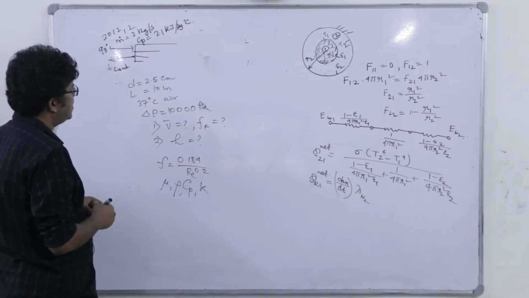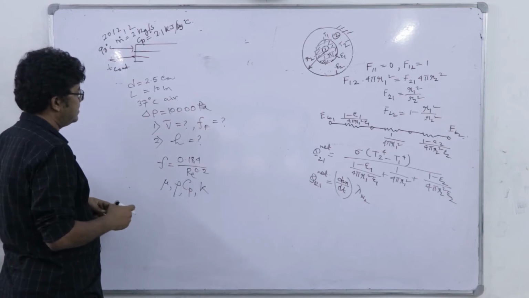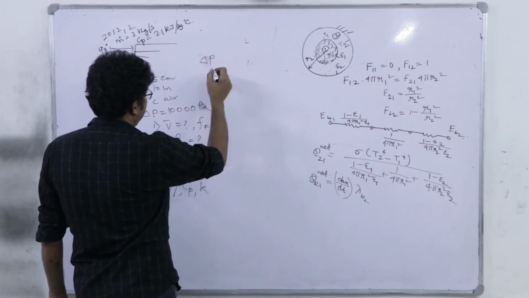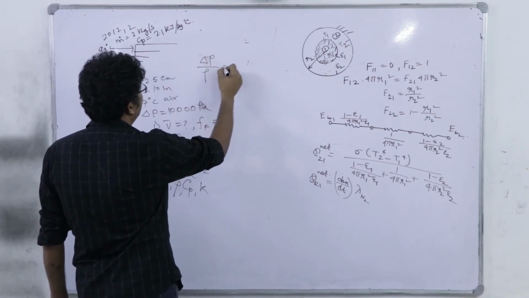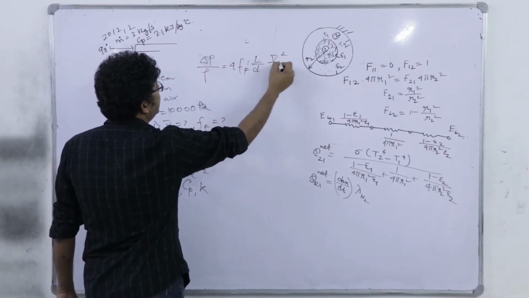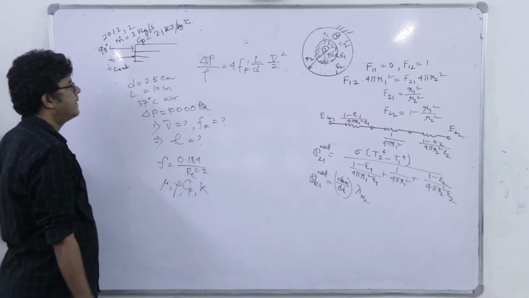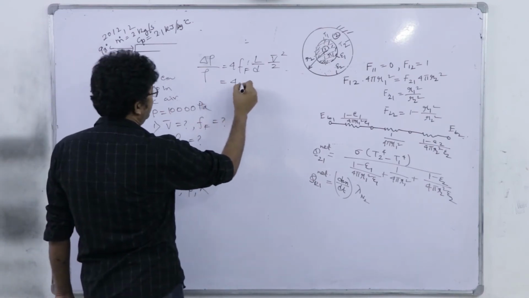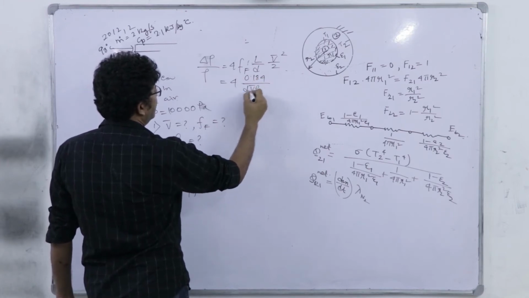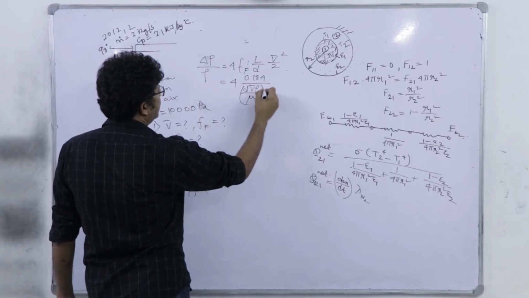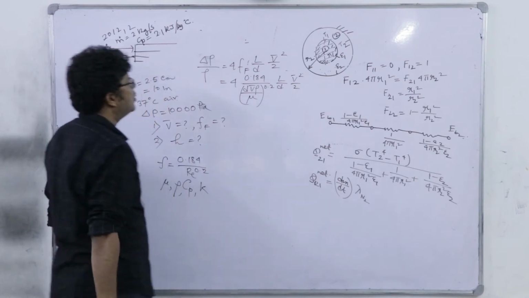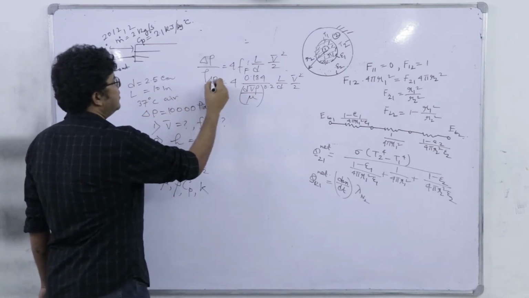So, for turbulent flow, delta P divided by rho equals 4f L by D into V bar square by 2. And we substitute f as 0.184 into (D V bar rho by mu) to the power 0.2, L by D into V bar square by 2, which is delta P by rho.